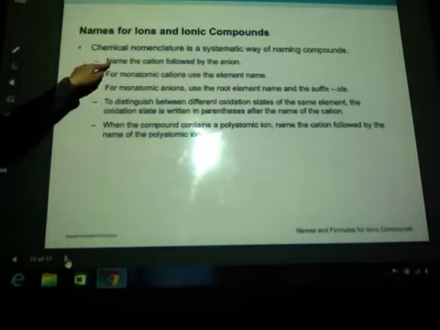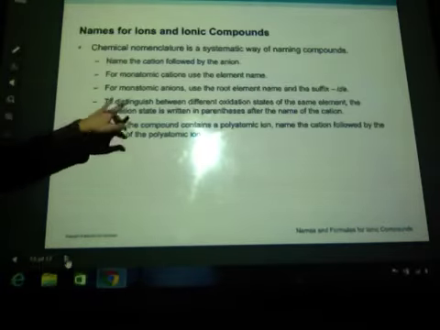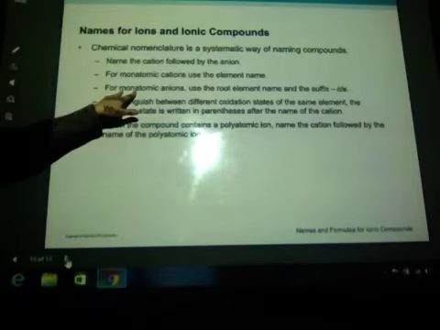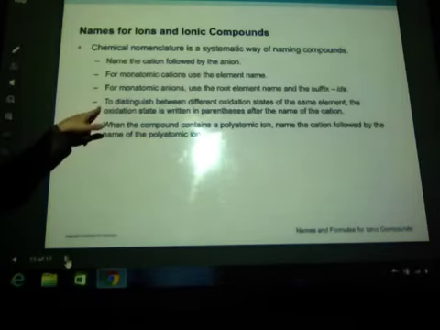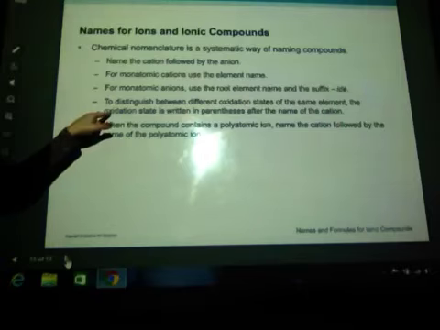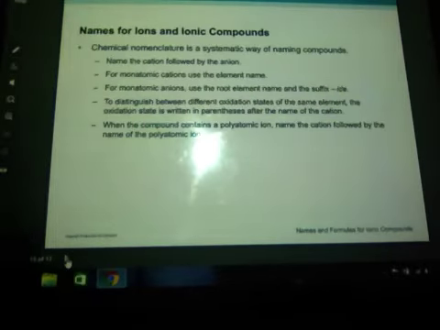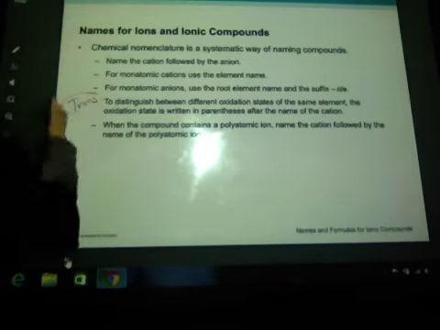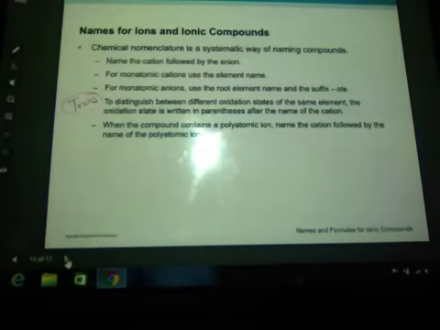Here again, cation's always first, anion's always second. Monatomic cations use the name, hydrogen, sodium, whatever. Anions are going to end with "ide." To distinguish the oxidation state, you have to write parentheses, so this is going to only be for your transition metals.